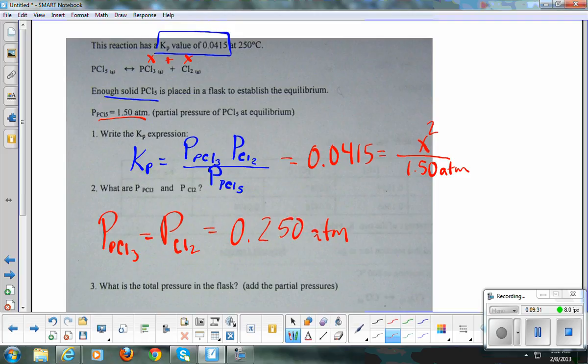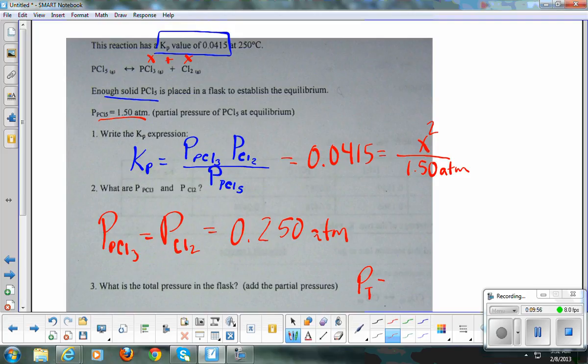Okay. All right. So now on the next one, number 3, whose law is that? It's Dalton's law, which says all the partial pressures add up to equal the total pressure in the flask.